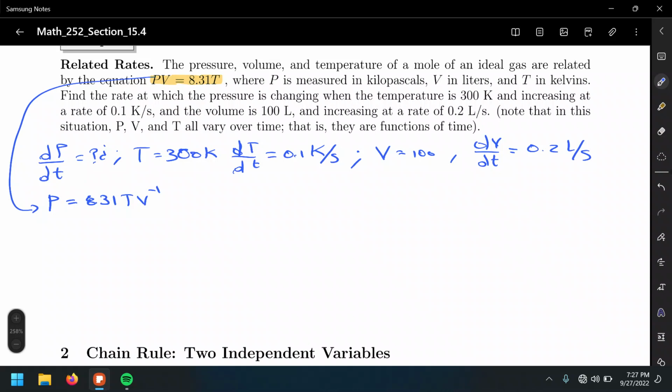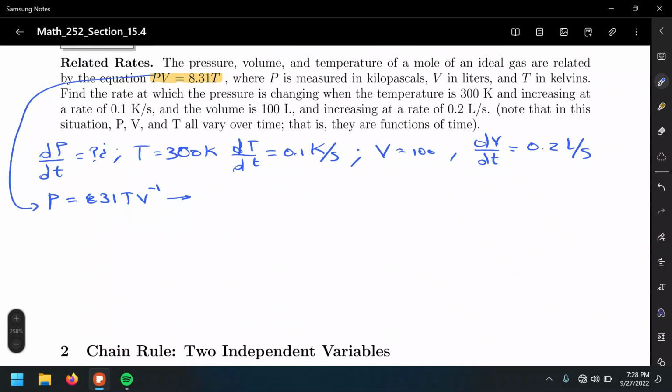Because essentially we divide both sides by V, and then we have the V in the numerator with a negative exponent. Well, so what are we going to do? In this case, we're going to use the chain rule with one independent variable, but two dependent variables changing at the same time, temperature and volume. So that's the change dP dt. That's going to be the partial derivative of the pressure with respect to temperature here.